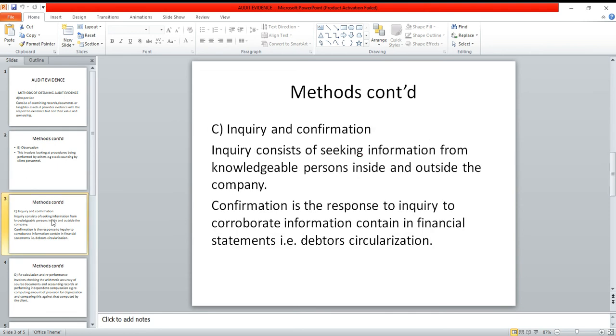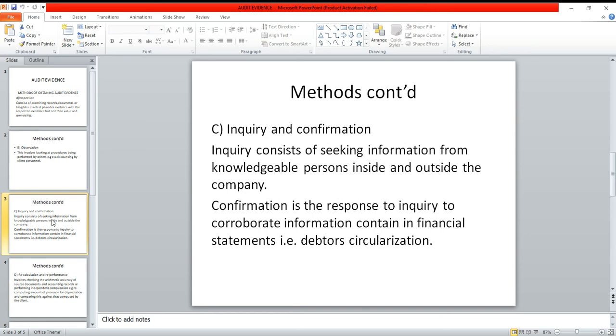Number three is inquiry and confirmation. This method consists of seeking information from knowledgeable persons inside and outside the company. Confirmation is the response to inquiry to corroborate information contained in the financial statements.